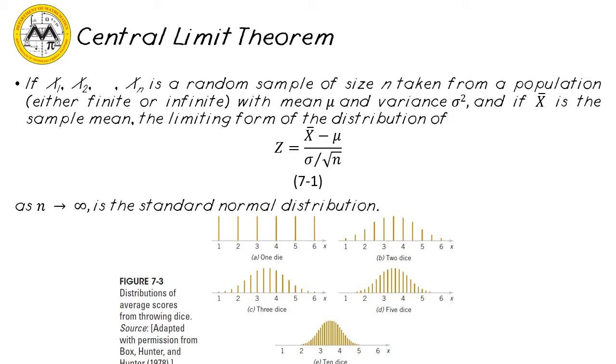While if we consider two dice, the average of the two dice would be different. The average would be 1 if we have 1, 1, and it only appears once. The average would be 6 when we have 6, 6. So this is for 1, 1. This is for 6, 6.